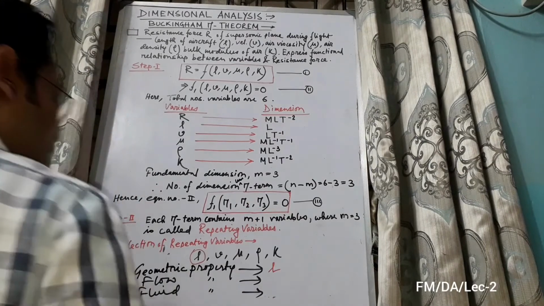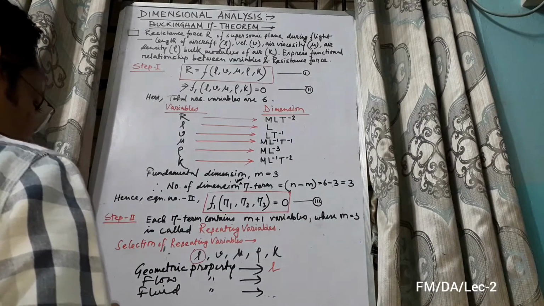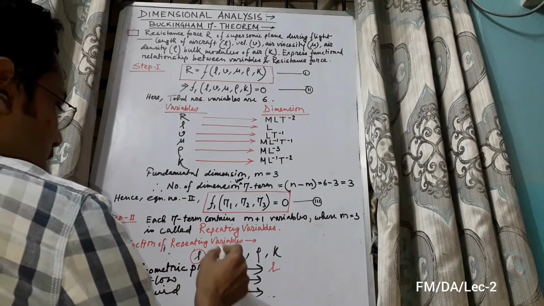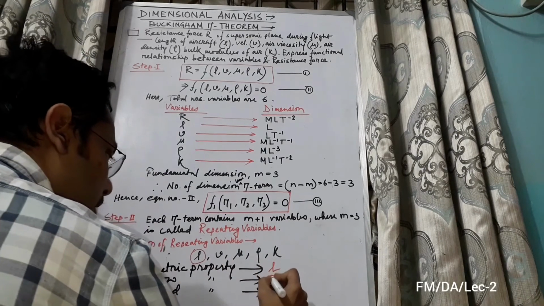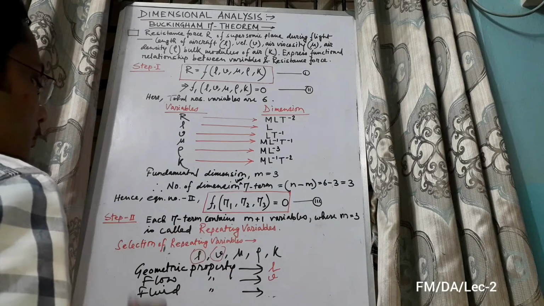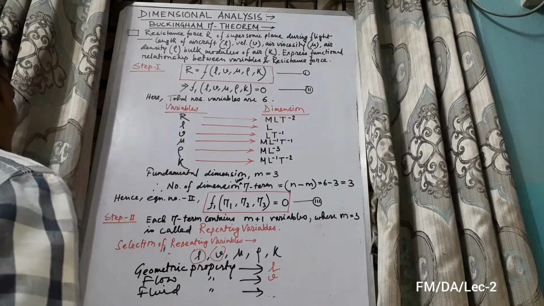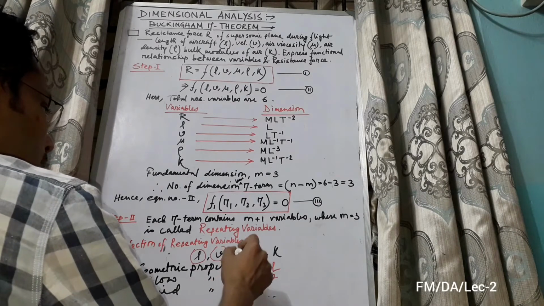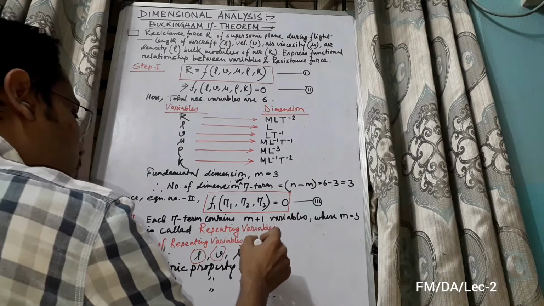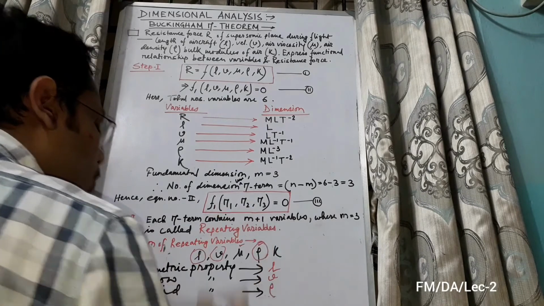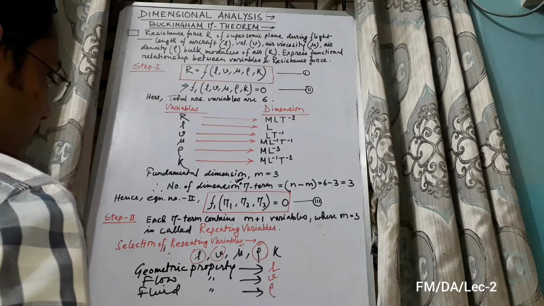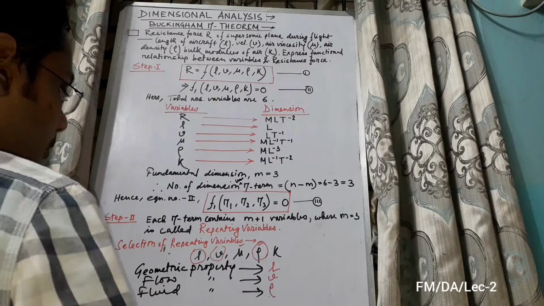L is selected at first. Second is flow property. Velocity is a flow property, so we are taking velocity V as the flow property. And last one is fluid property. Mu is a fluid property, rho is a fluid property, but we are taking rho. So rho is our third repeating variable, which is from fluid property.